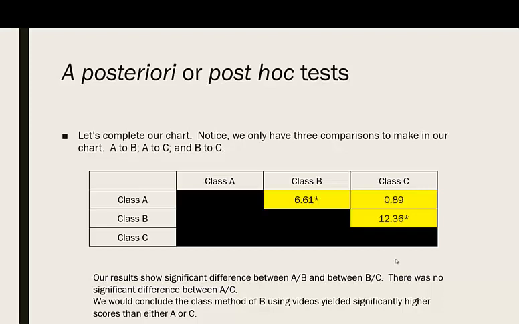Class A and Class C was 0.89, not significant, and Class B and Class C was 12.36. So our results showed that there was no difference between A and C, but that there was a difference between B and A and B and C. So we would conclude, after our ANOVA, that Class B, using the videos, yielded significantly higher scores than either Class A or Class C.